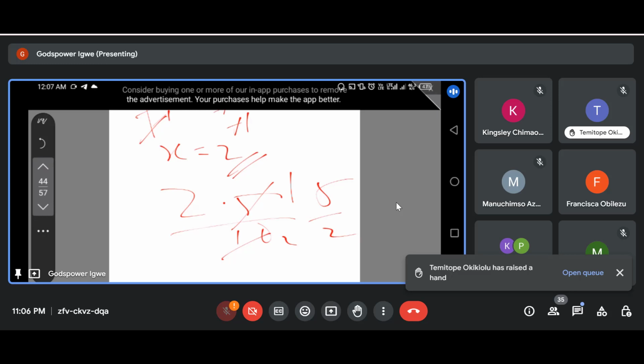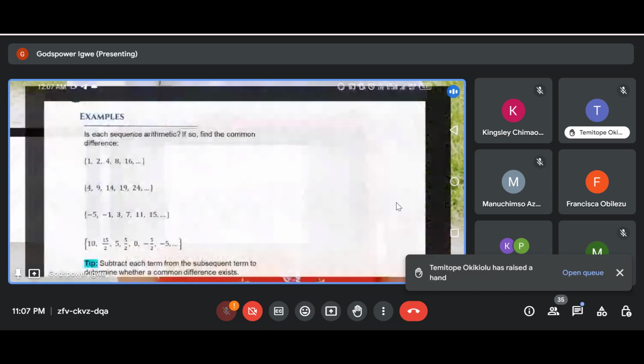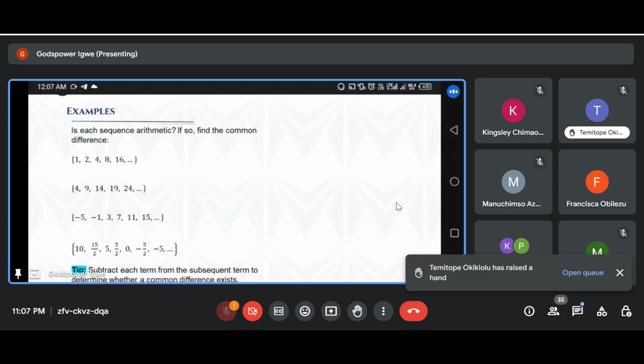So 5 over 2 plus 5 gives 2 times 5, which is 10, plus 5 over 2, equal to 15 over 2. That's why you're seeing 15 over 2. You understand? That's just how we roll.